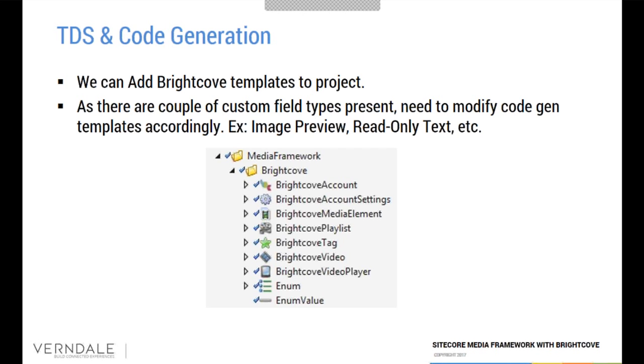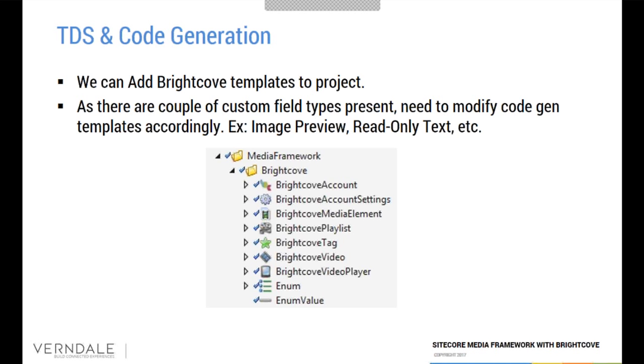Another way of doing it is using TDS and code generation. I will provide links, so you can dig up a lot more information on TDS and code generation. If anybody is using TDS, they will be able to easily relate to it.